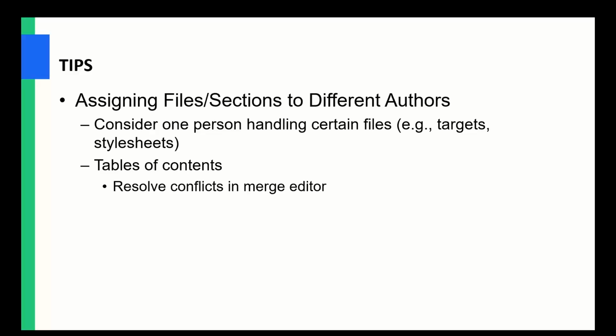But you kind of need to be comfortable with editing a file like that in the merge editor, because it's not standard HTML like topics where people are familiar with that. These are custom Flare tags that are used for the TOC files. So you need to understand those tags a little bit so that you don't make invalid changes. But that's what I usually do when we have conflicts in a TOC file. I just resolve things in the merge editor.